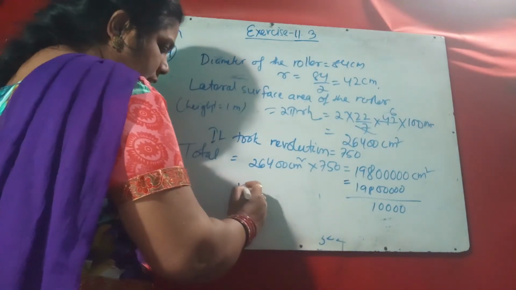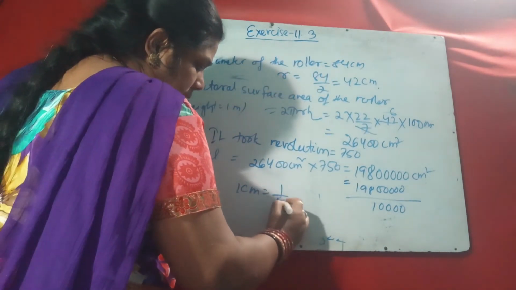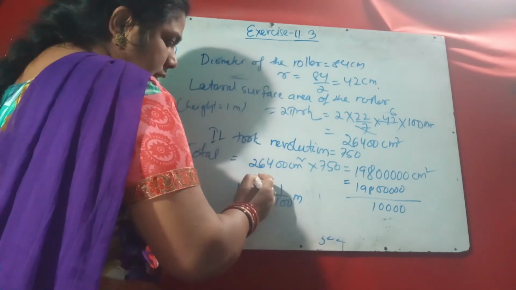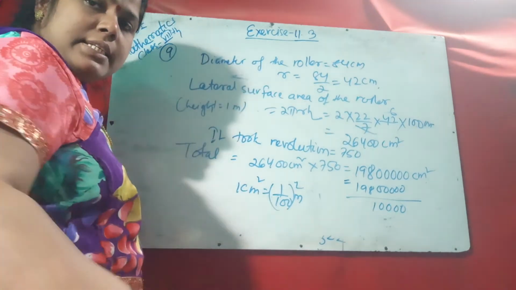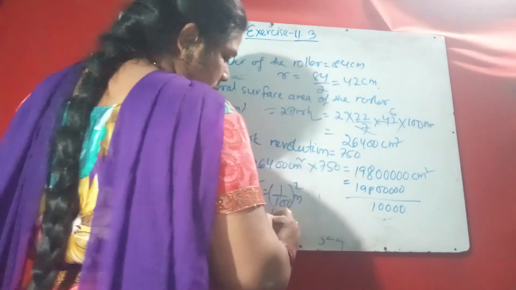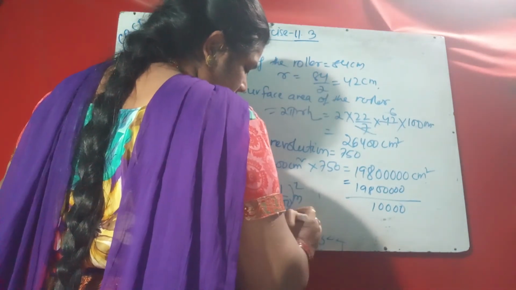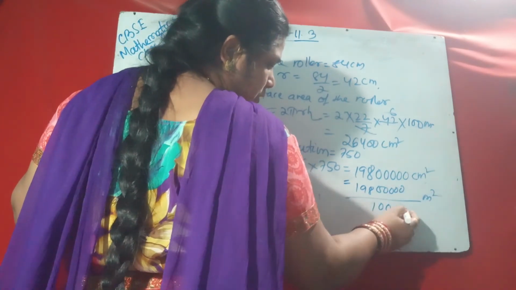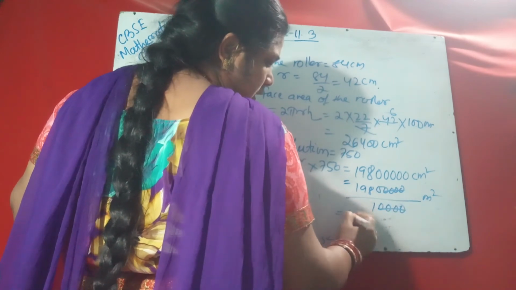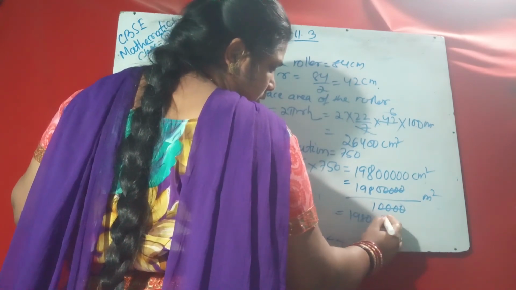Because 1 centimeter equals 1 by 100 meter, so 1 centimeter square means 1 by 100 square, that is 1 by 10,000 meter square. So you divide to convert into meter square, and you get 1980 meter square.